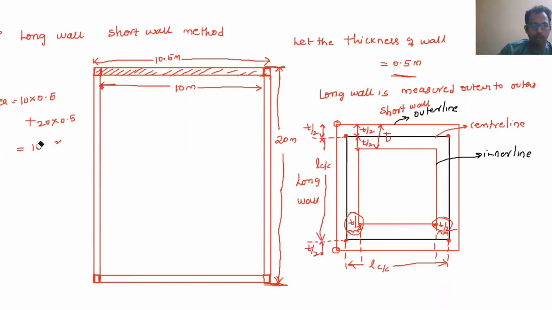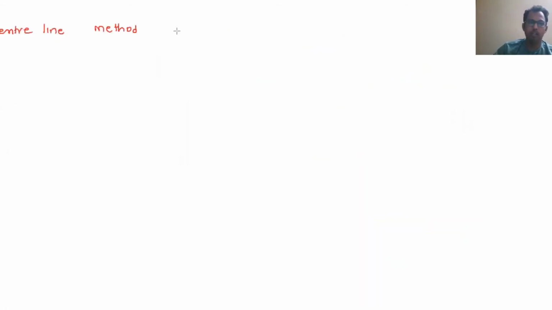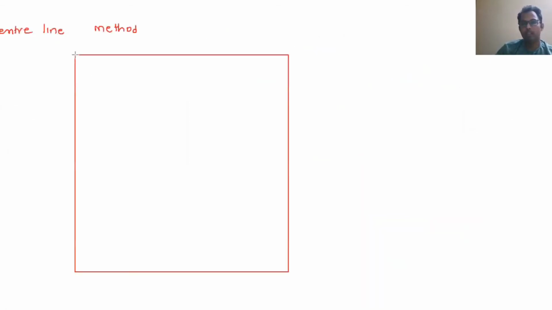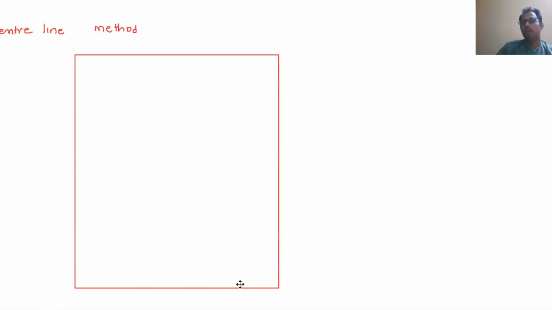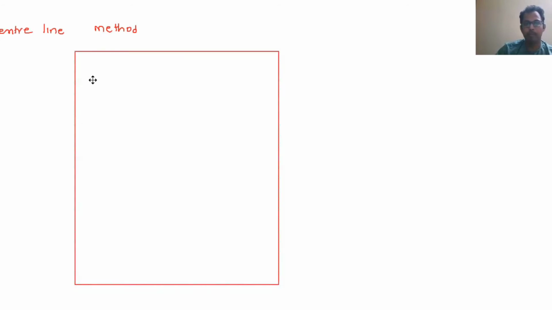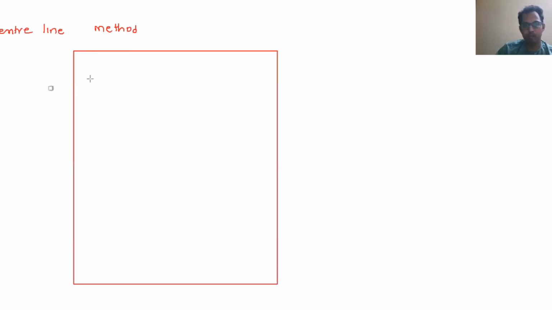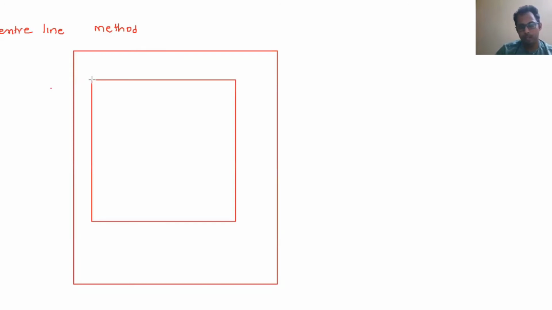Now using the centerline method, whether we are getting the same area or not, let us see. Okay. Here this is the total outer to outer measurement. This is the total inner to inner line.